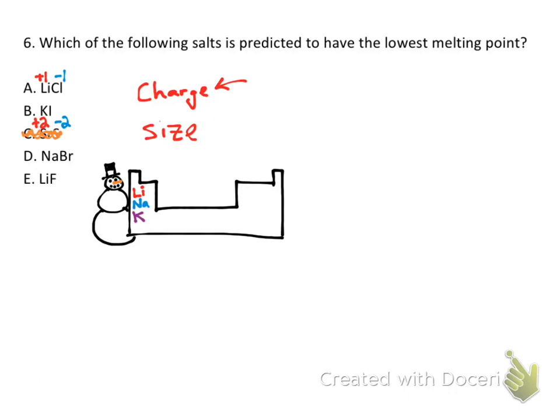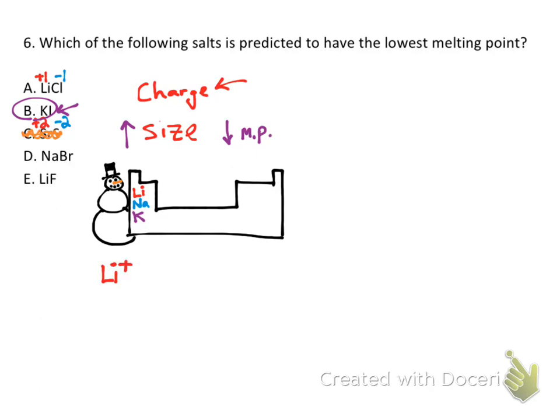So in choice B, we're looking at a +1, -1 charge, and we're also looking at very big ions. The larger the ion, the less the lattice energy is, because the point charges can't get as close to each other, they're just not as attracted. So the greater the size, that means a decrease in the melting point, generally speaking. So the one that's going to win here is potassium iodide. It's going to have the lowest melting point.